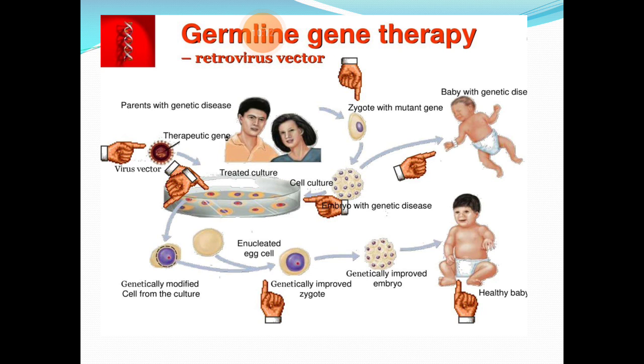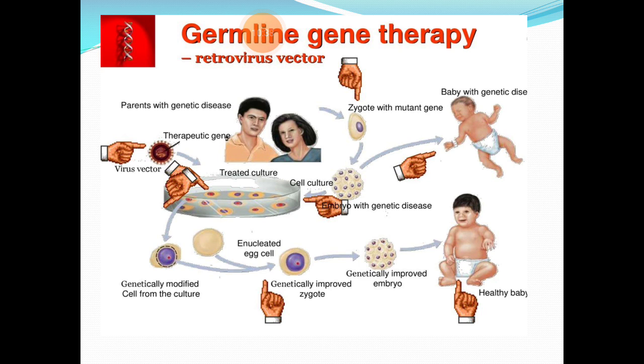But what you can do is, at the blastocyst stage, that is, the embryo with the genetic disease, at this stage, you can take the cells with bad genes and put them to culture. You can subject them to cell culture, you can treat them. And on the other hand, you have a viral vector containing the therapeutic gene.